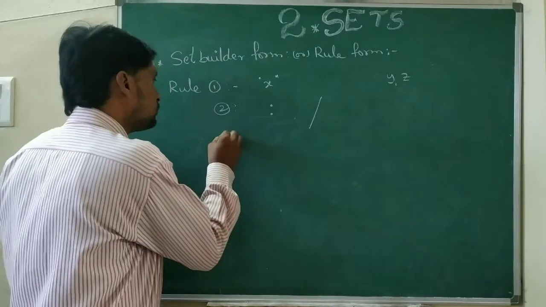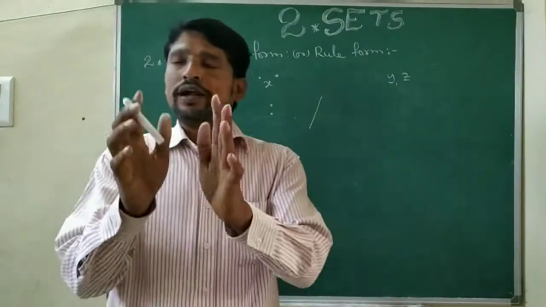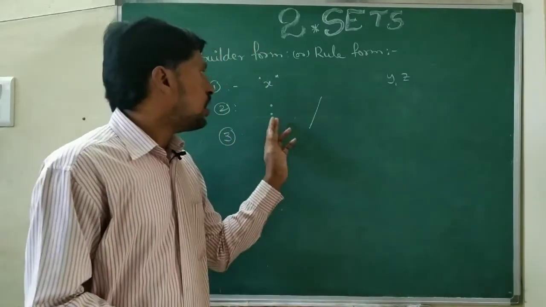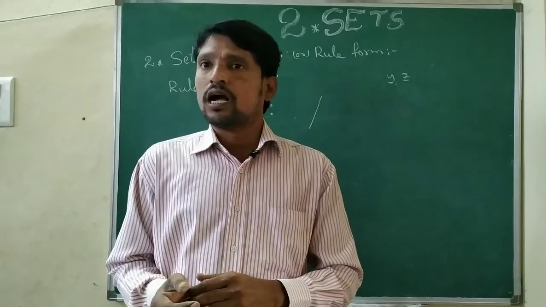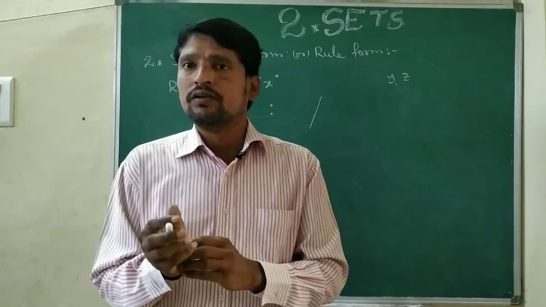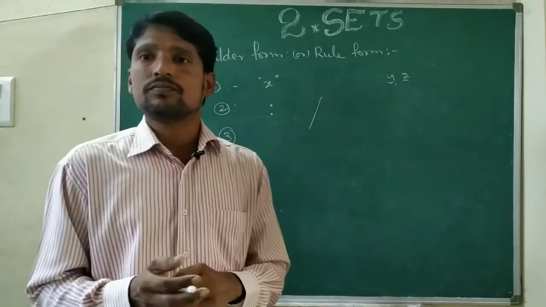Then next, rule number 3: after the colon or vertical bar, we should find out the common property. If there is no common property for the set, we can't write the set builder form.